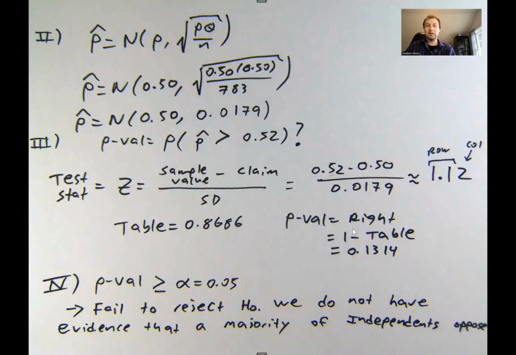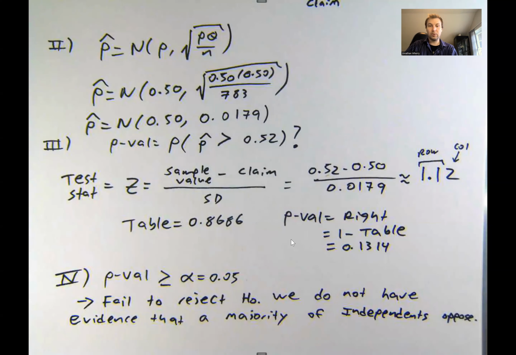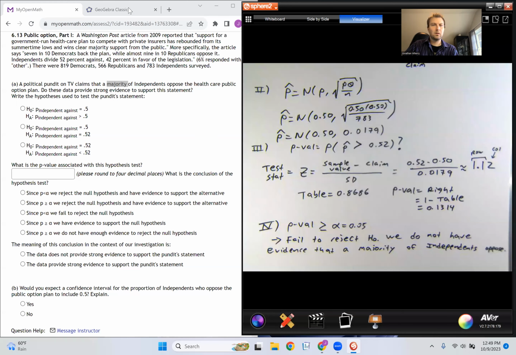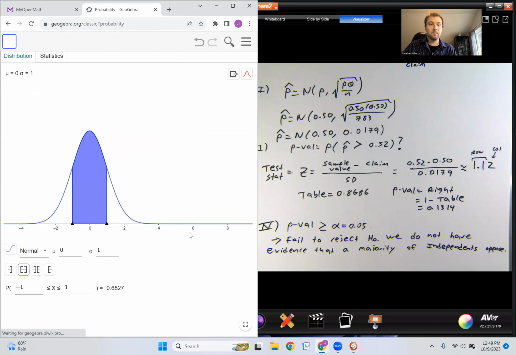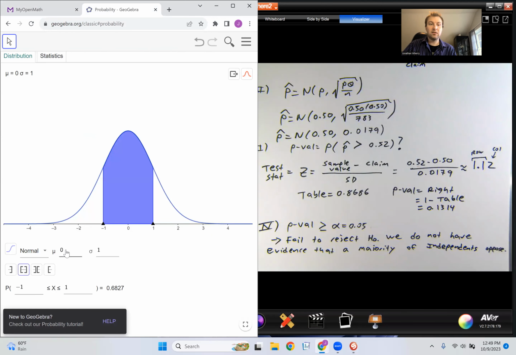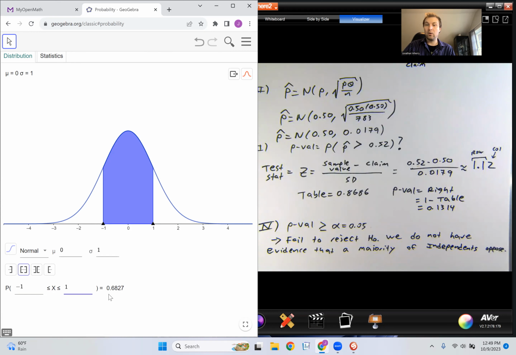Now, I want to show you how you can get these same results from GeoGebra. When you open it up, you can go into the option for probability. If you're looking at normal and you leave this as 0 and 1, you could type your z-scores in here and it will spit out your p-value down there.